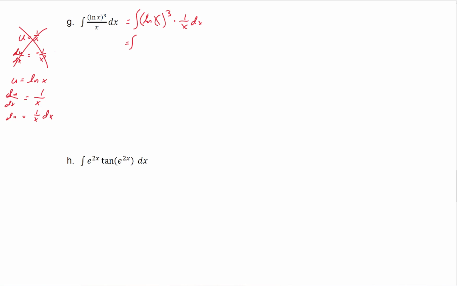Now that matches what we have. So this just becomes the integral of u to the third du. So u to the fourth over 4 plus c. So 1/4 natural log of x to the fourth power plus c is this antiderivative.